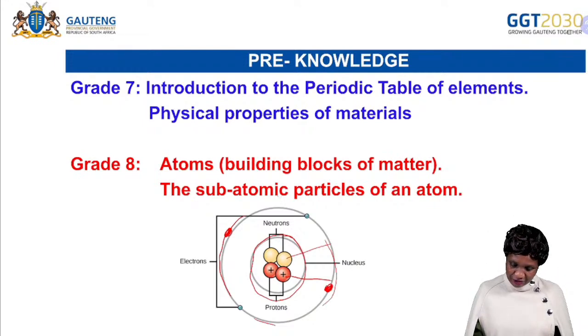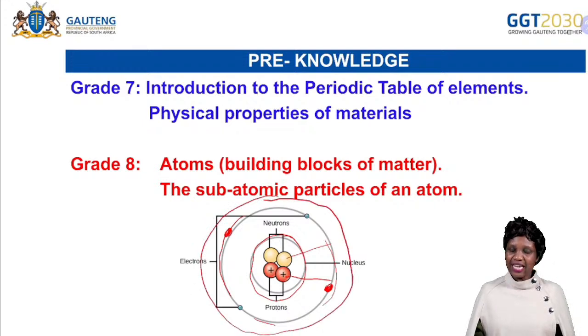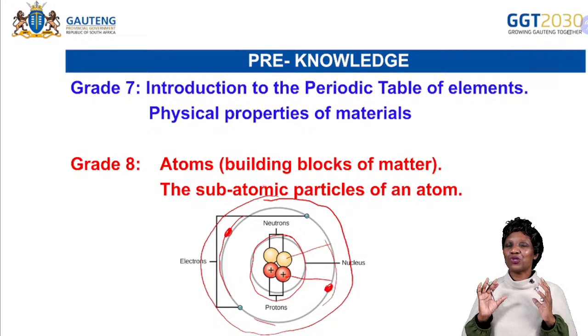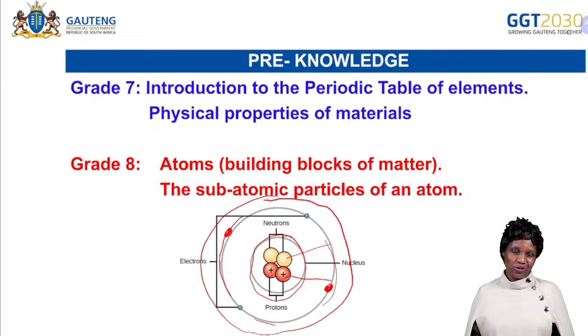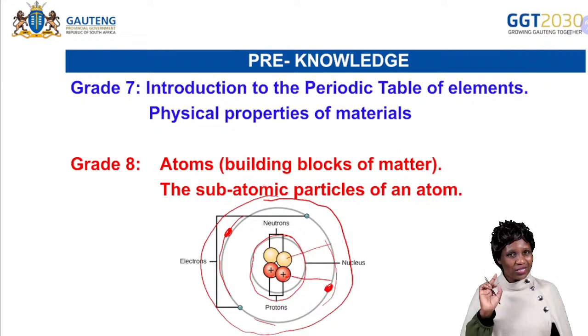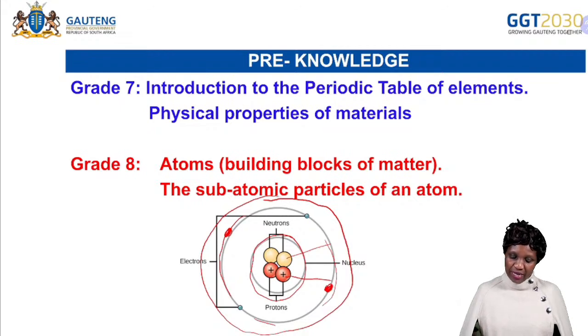The second energy level holds up to 8 electrons. Do you get it? Let's put this 8: 1, 2, 3, 4, 5, 6, 7, 8. It holds up to 8 electrons.